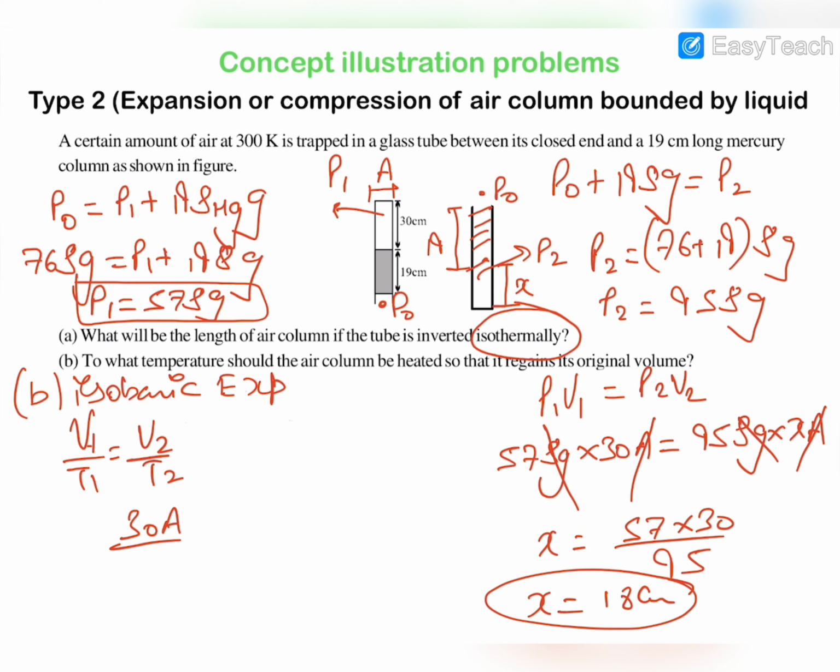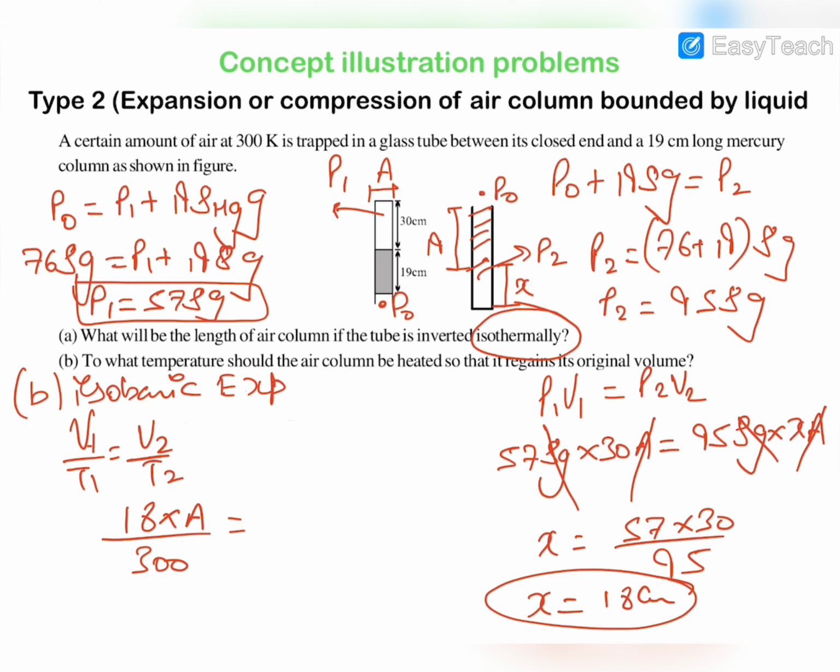So at this instant the temperature is again 300 Kelvin, and the initial volume is x into A, where x is 18. So the initial volume is 18 into area divided by the initial temperature of 300 Kelvin.